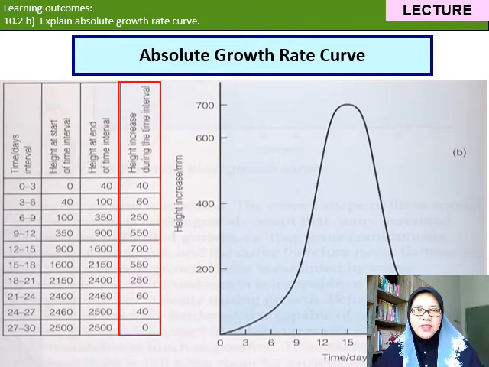Based on the figure shown in the slide, the time interval used in the experiment is every 3 days. For example, for the first 3 days, from day 0 to day 3, the height increase is 40 mm. For the next 3 days, from day 3 to day 6, the height at the start is 40 mm and the height at the end of the time interval is 100 mm.